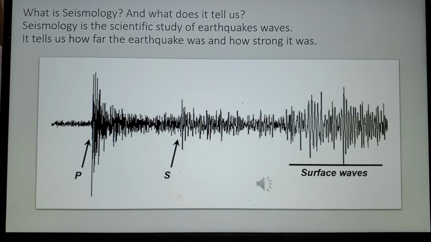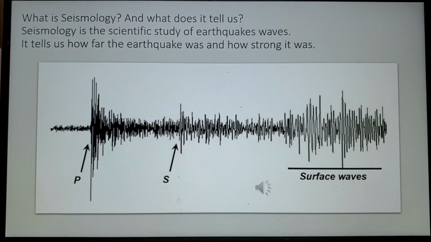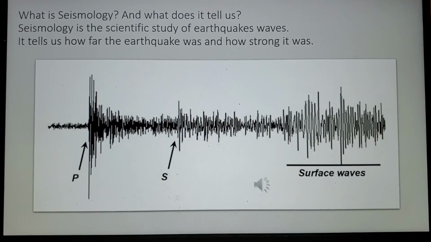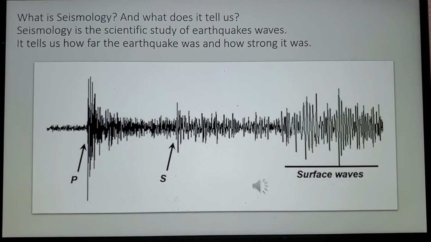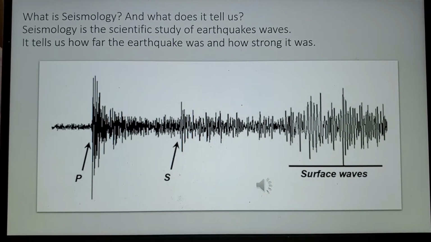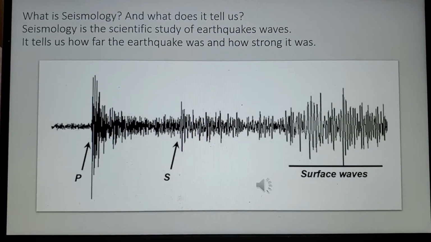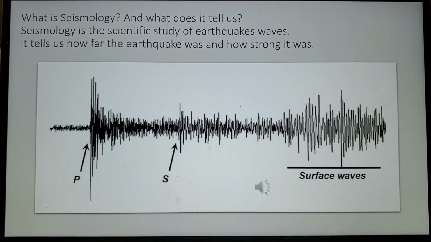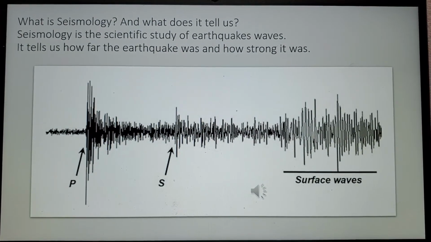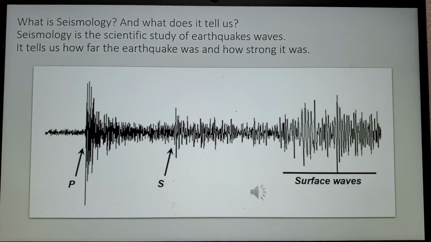Or the P, for example, at the beginning of the wave, means the magnitude was larger. It was a large earthquake, so it was strong, and then it started calming down after.